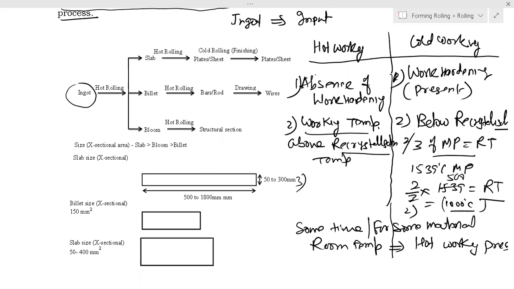So to alter the mechanical property, there are three ways. One is called alloying. We mix some alloying elements like carbon, chromium, nickel, manganese, zinc, molybdenum, tungsten, titanium, cobalt.